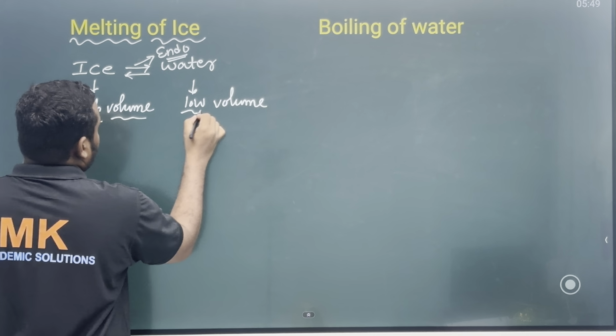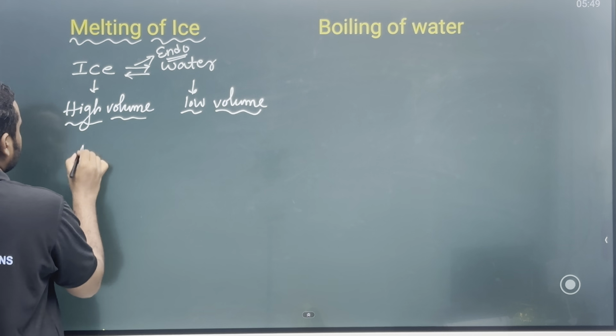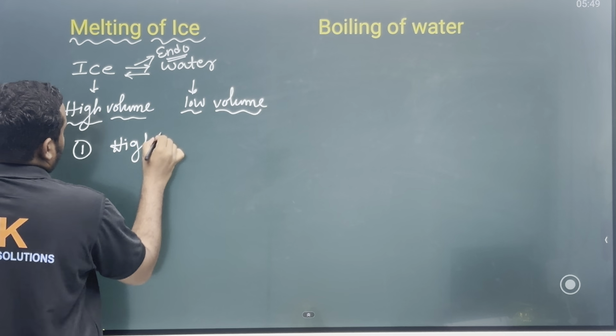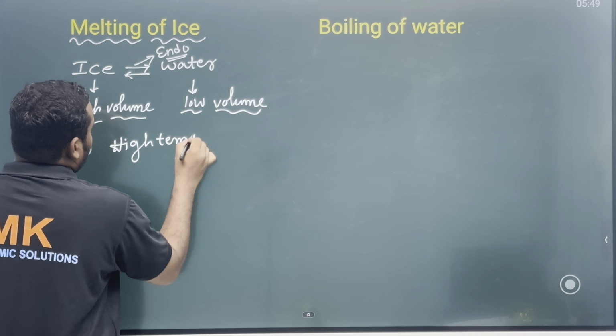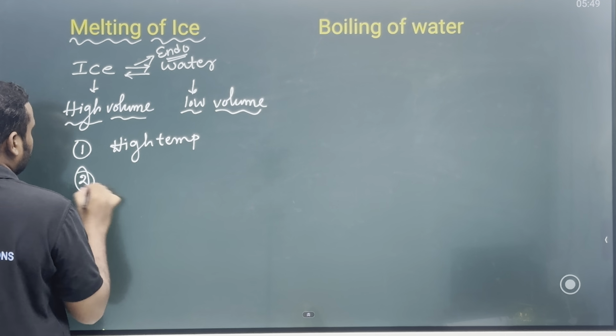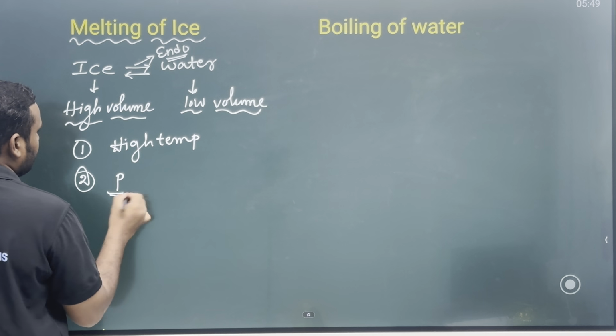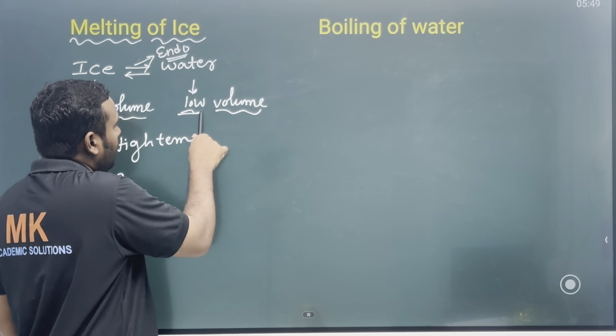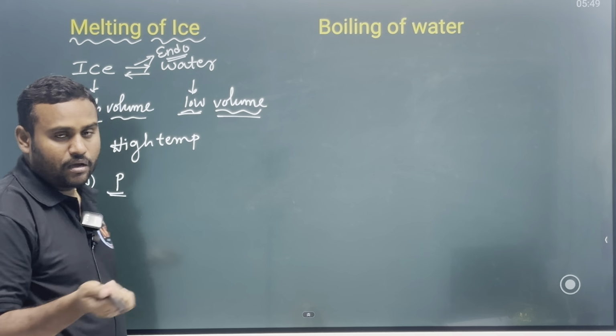First, low temperature or high temperature? The first one is we can take high temperature. Next, coming to pressure. Must pressure be low or high? See here, water has low volume and ice has high volume.